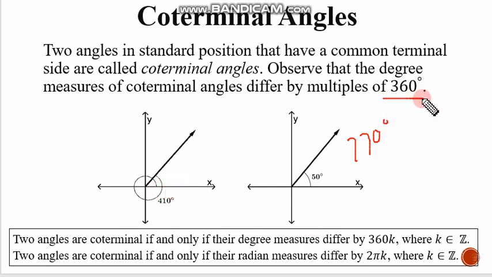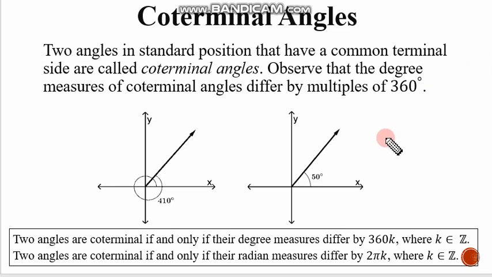So again, we add or subtract 360 degrees to a certain angle to determine its coterminal angles. Two angles are coterminal if and only if their degree measures differ by 360k, where k is an element of the integers.